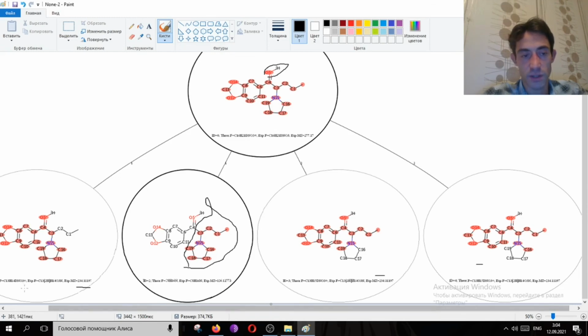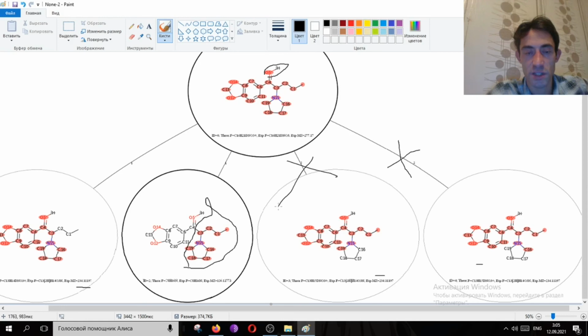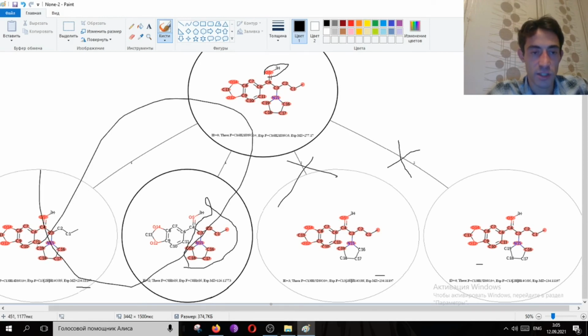But if we look at the structure of those ions, from general physical knowledge we of course should say that the probability of such fragmentation is considerably low compared to this one. So only these two fragmentation pathways are possible.